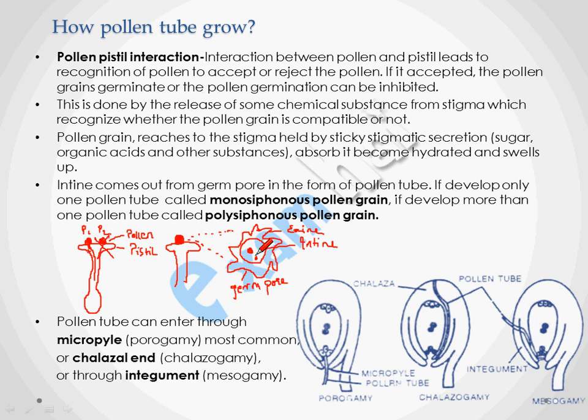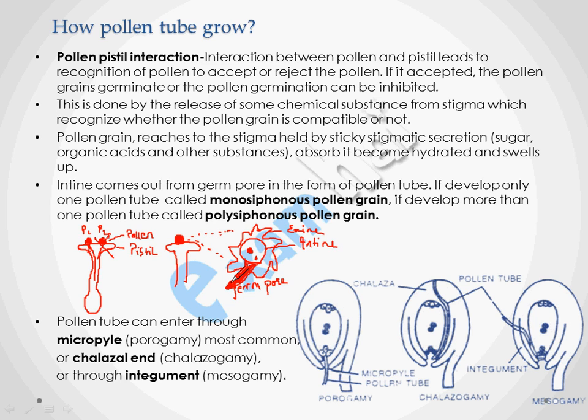When the interaction between the pollen and pistil takes place and the pollen becomes hydrated and swells up, the intine, the inner wall, comes out through the germ pore, and with the help of the vegetative cell the pollen tube starts germinating through the germ pore.